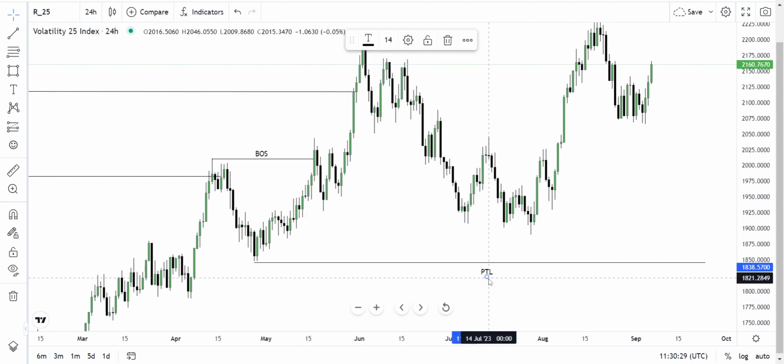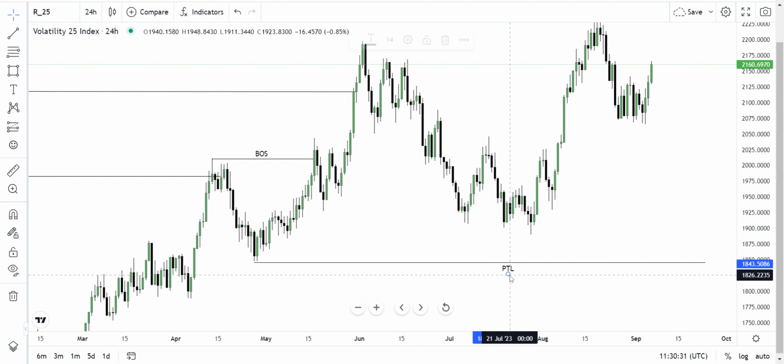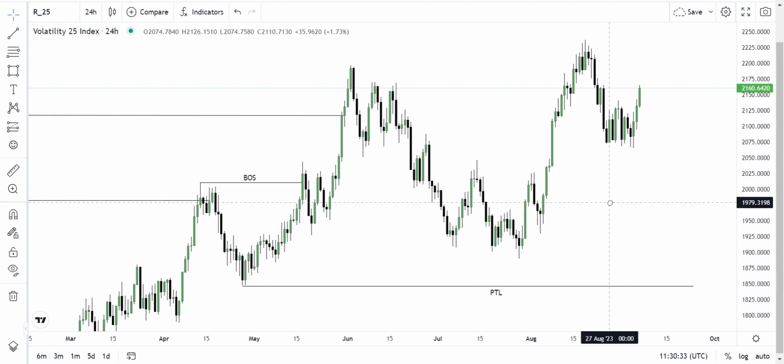So we are not expecting the market to be violating that for now. Now, having known the story of the market, it is one thing for us to be able to decipher the valid areas of interest where you want the market to get in so you can take your trade. Like I always advise, don't take your trade at the middle of nowhere.